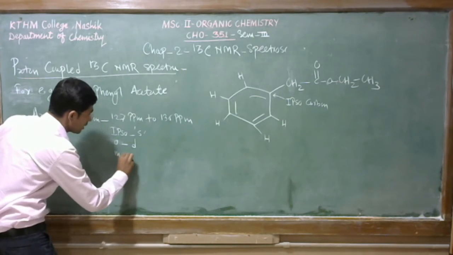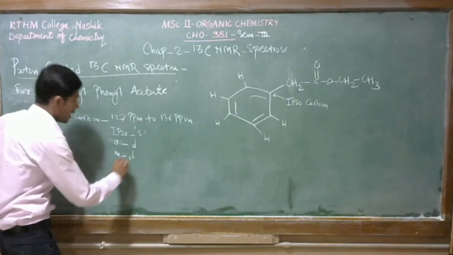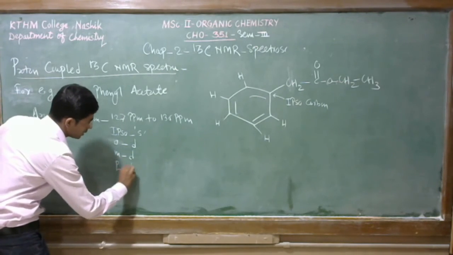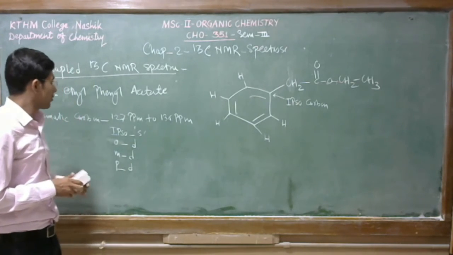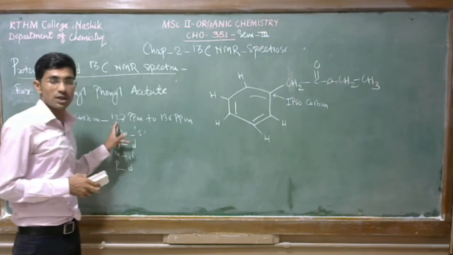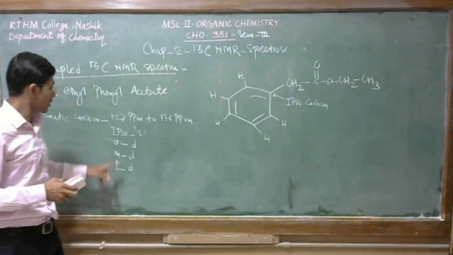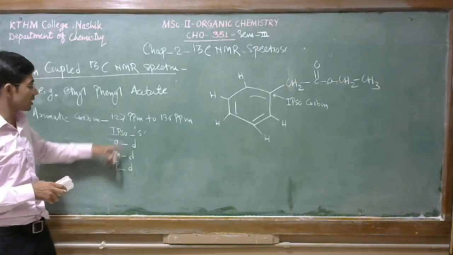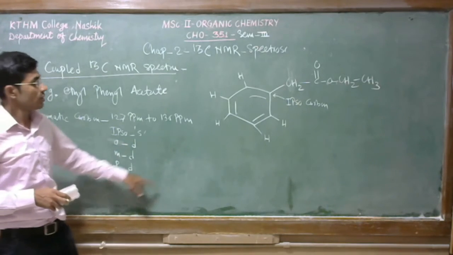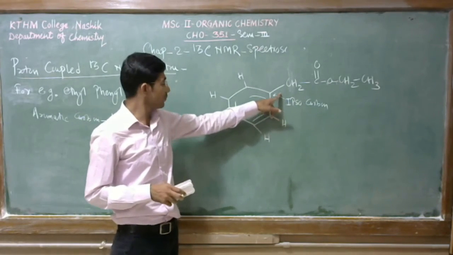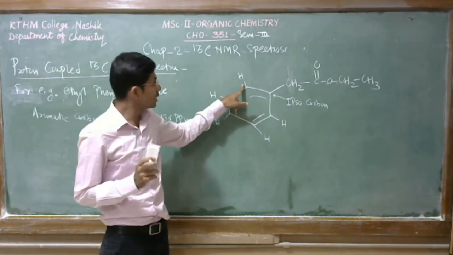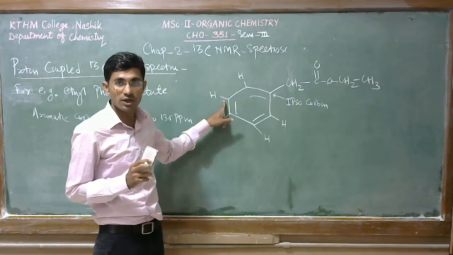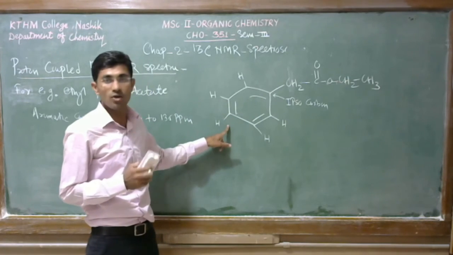Then the meta carbon also gives a doublet, and the para carbon a doublet. So for aromatic carbons in the range 127 to 136 ppm, we can observe overall 4 signals: a singlet for ipso, and doublets for ortho, meta, and para.